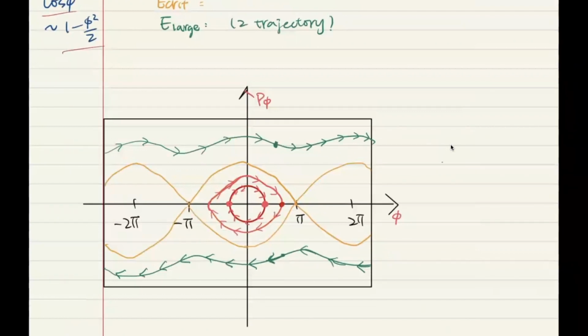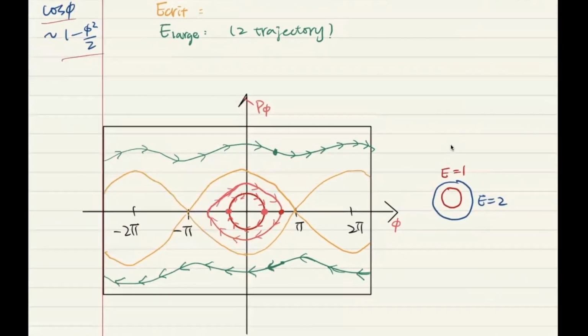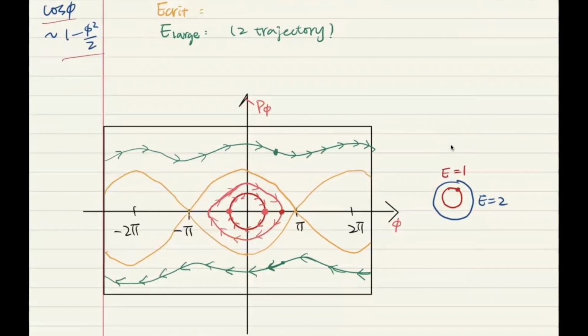So say when energy is very small, is 1, I plot out this circle. And when energy is 2, I will plot out another circle, right? And because the energy is conserved, when my state evolves as the time goes, the energy will be a constant.